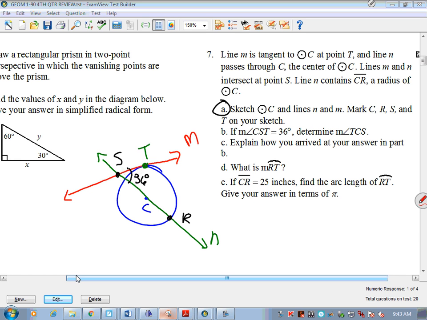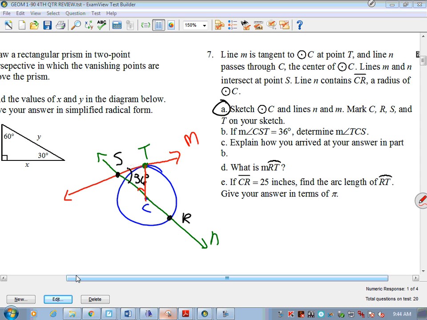So we need a new line. That line is going to come to there, and we're going to look for this guy. Okay? All right, do we have enough information? We know that this is 36. What have I made here? A triangle? Yeah, we made a triangle.